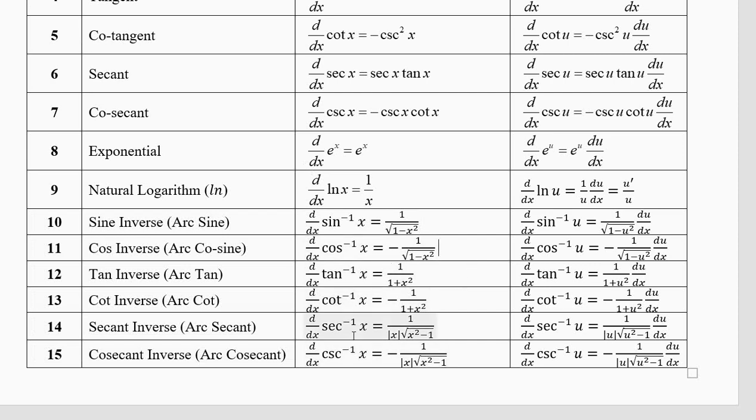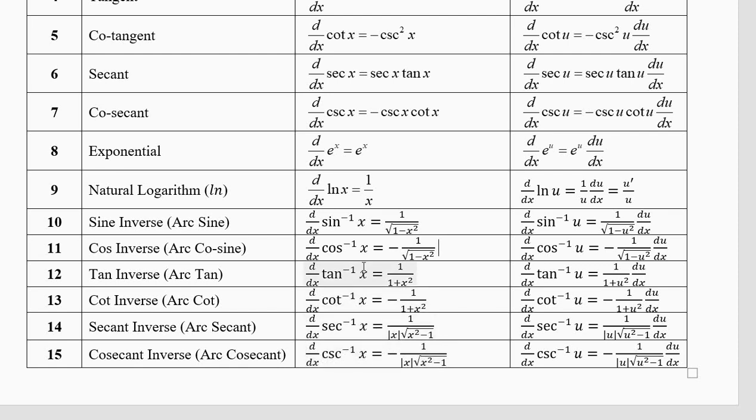Derivative of secant inverse x is 1 divided by absolute value of x into square root of x square minus 1. See, by absolute value we mean the mutlaq. We take only the positive part. And derivative of cosecant inverse is minus 1 over absolute value of x into square root of x square minus 1.